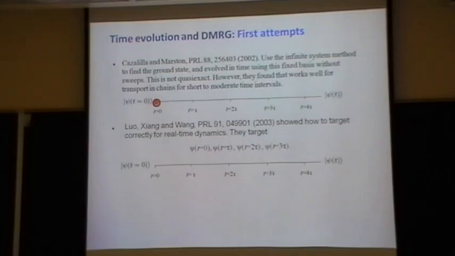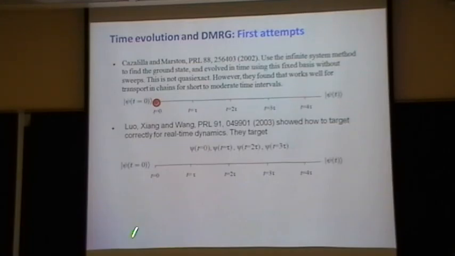And they had some success, but the problem in their approach is that they were evolving in time by keeping the original basis. So they calculated the ground state, they had a nice basis for the ground state, and then they evolved in time by solving the time-dependent Schrödinger equation, but they kept the original basis. So as I said before, you cannot guarantee that you're going to describe excited states, or for that matter, the state at time t, using that basis.